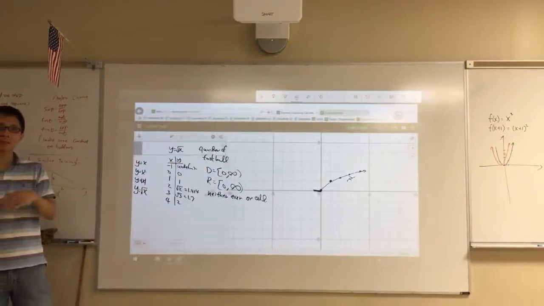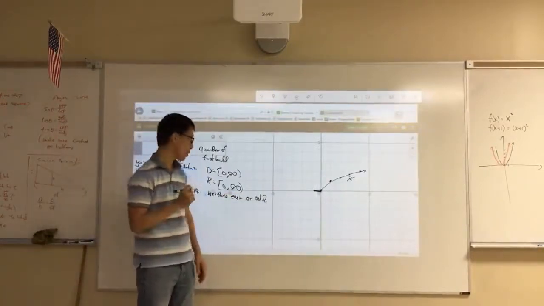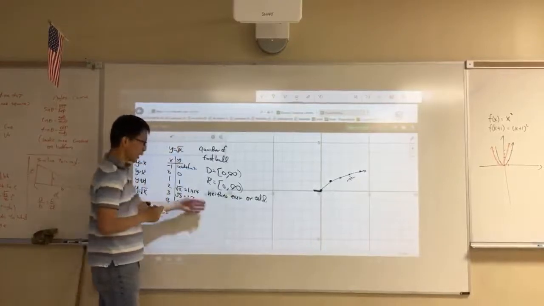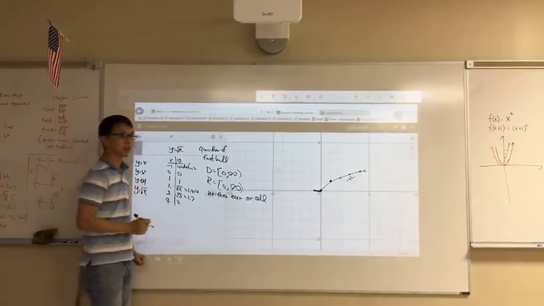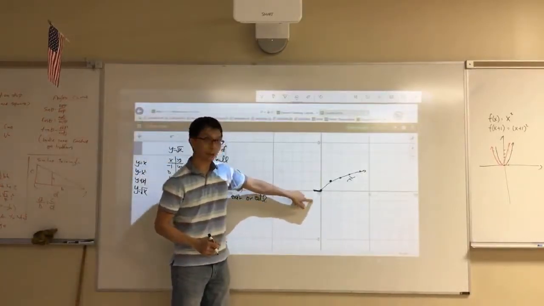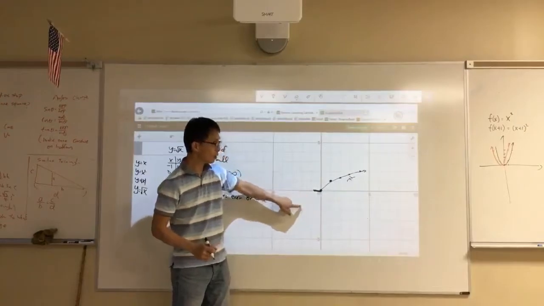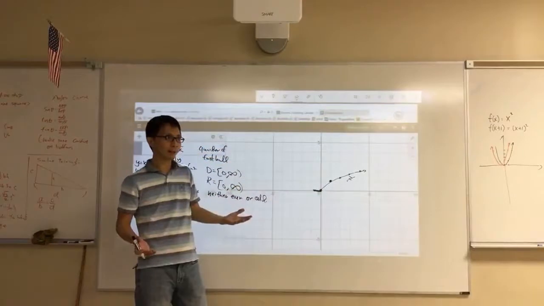It's not symmetric from both sides, so it's neither even nor odd. Are we okay so far? So it's not odd because there's no point opposite the origin. If there's no opposite point, it's not odd either.